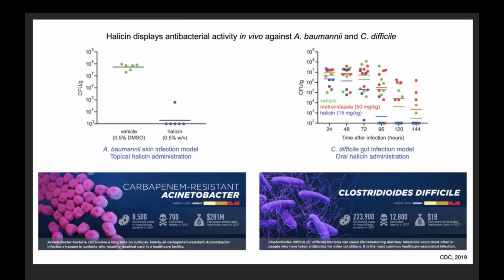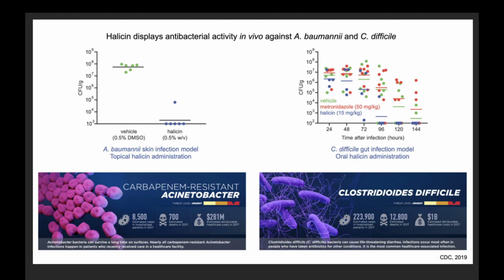So once we had this reasonable mechanism of action, we next asked, does Halicin display any reasonable antibacterial efficacy in vivo? So to test this, we set up two infections in mice. The first one was an Acinetobacter baumannii skin infection.